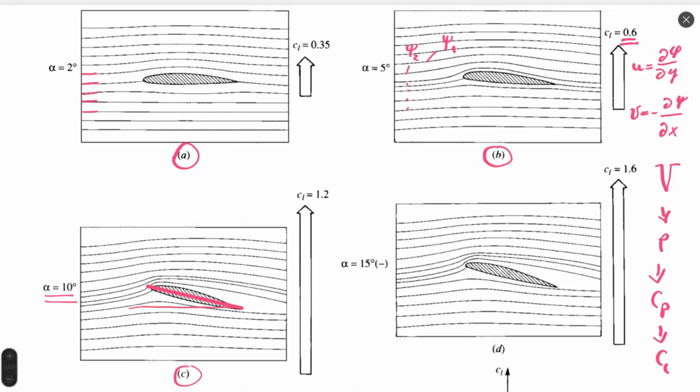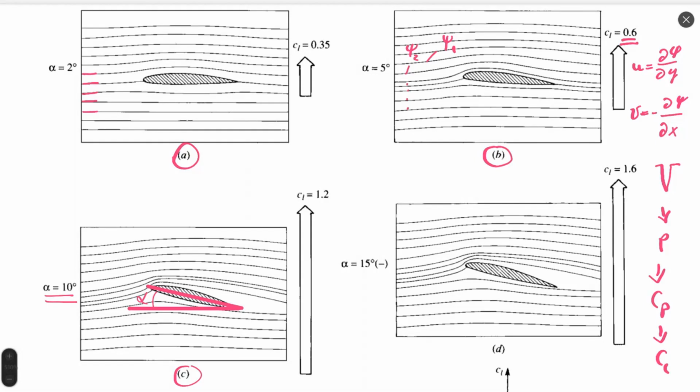I will try to draw the flow direction and airfoil direction. This is our angle of attack. It's different from simulation because in simulation we incline the flow direction, we do not incline the airfoil itself. It's all equivalent, let's say.